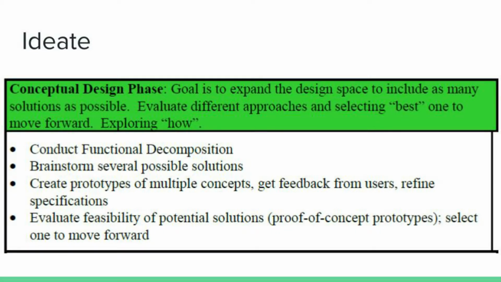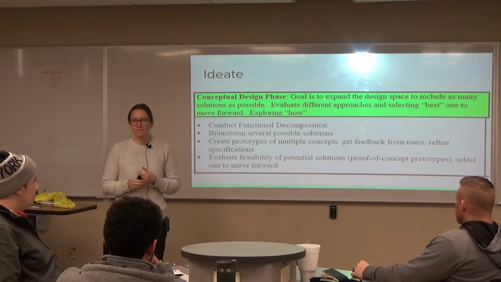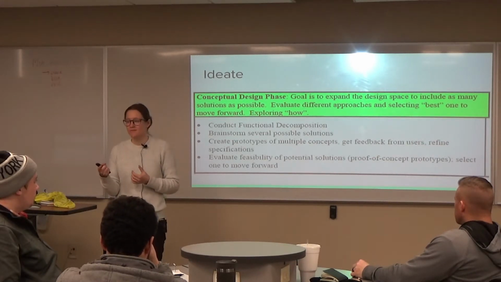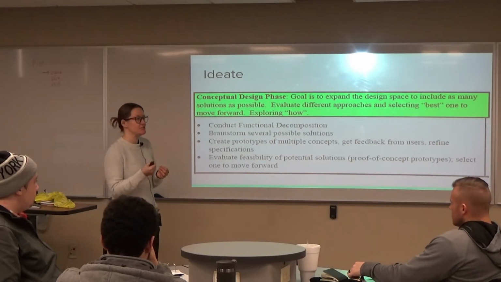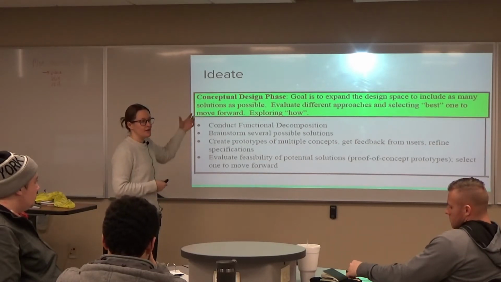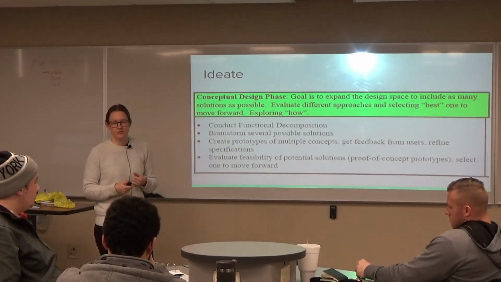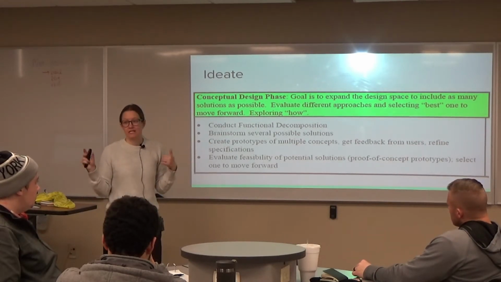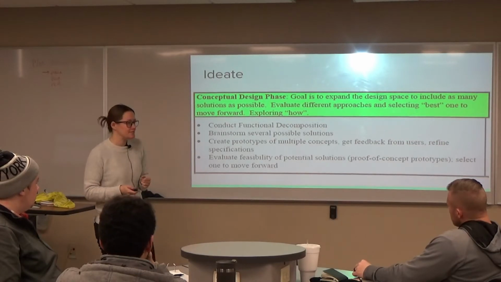To just kind of visualize and get your mind wrapped around different ideas that you have. And so this is what we call a proof of concept prototype that will really help you determine whether what you have picked moving forward is going to be feasible. So you're going to pick one at this point, all right? And there's a process that you can go through to pick one and compare it to your criteria so that you're not just coming up with a very, very subjective, I like this one the best.